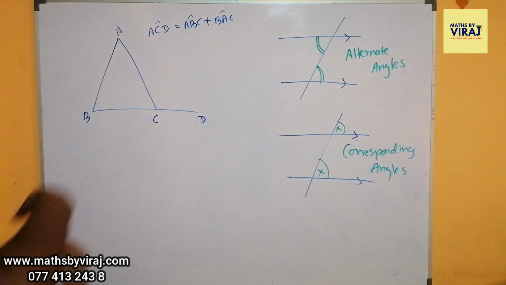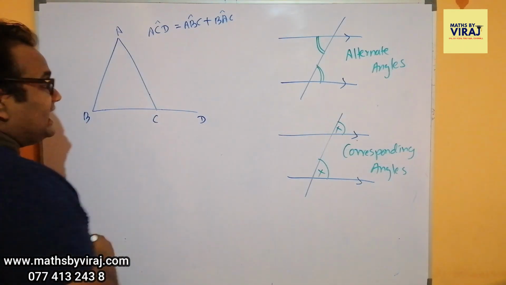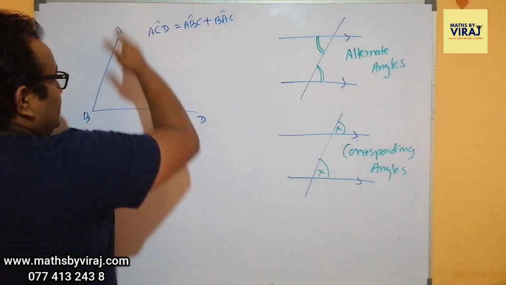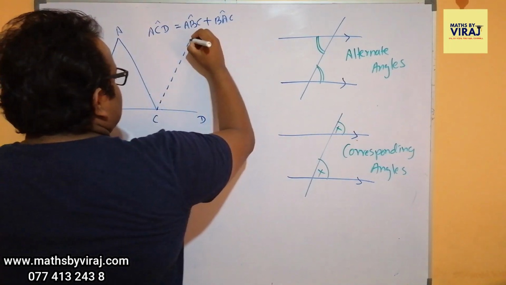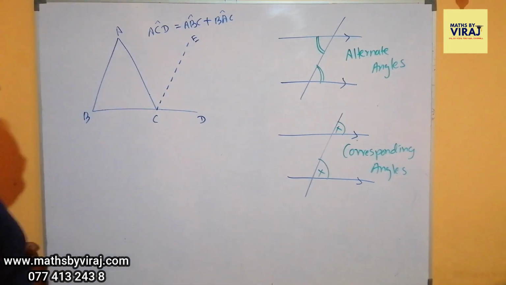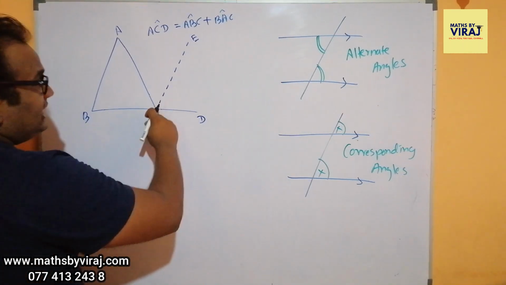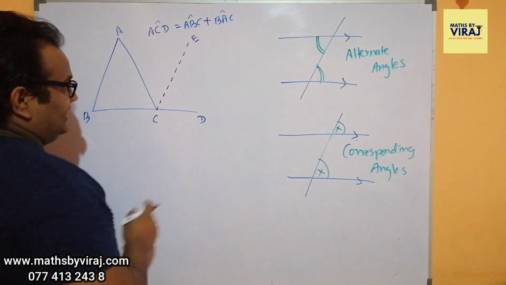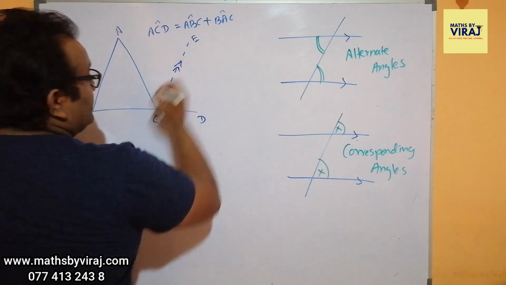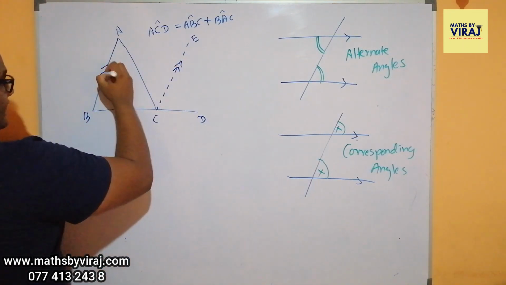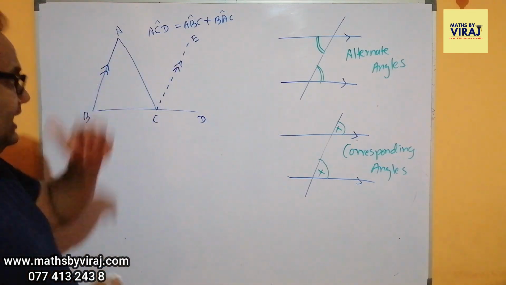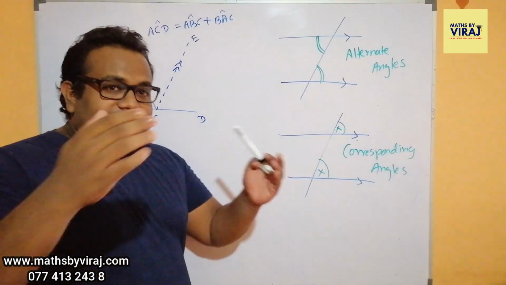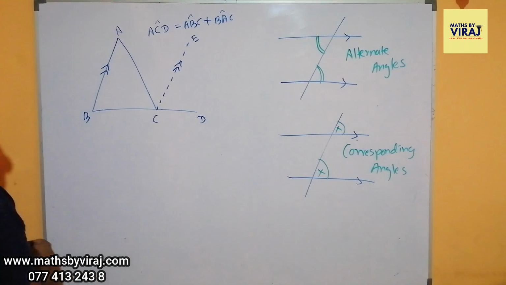I am going to draw another line, or add another line, to this diagram, and I'll mark this as line EC. I draw the line CE in such a way that this line is parallel to line AB. So when proving, we can add lines as long as they are mathematically correct.